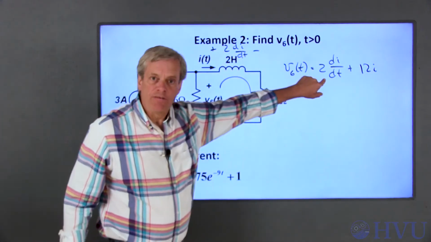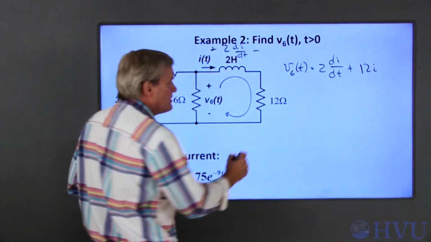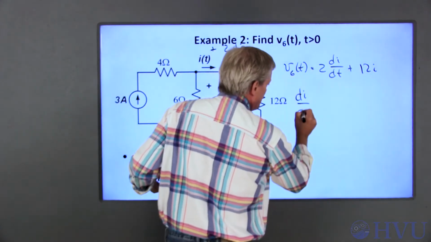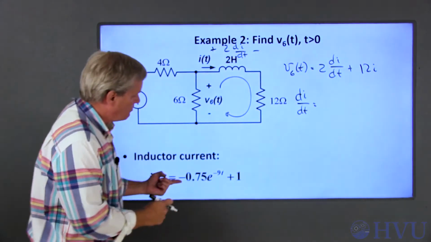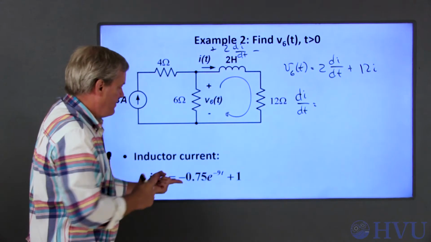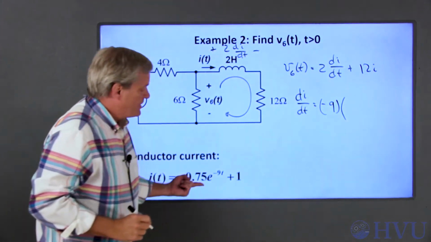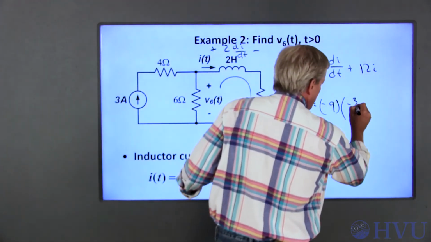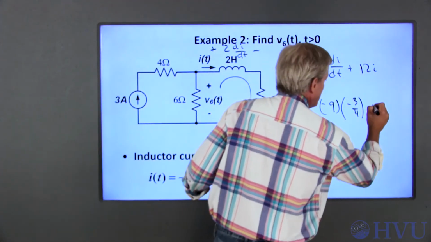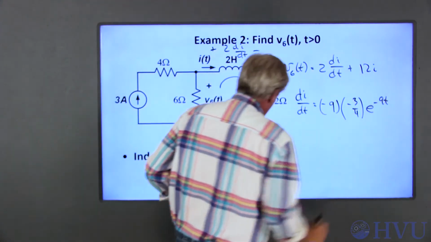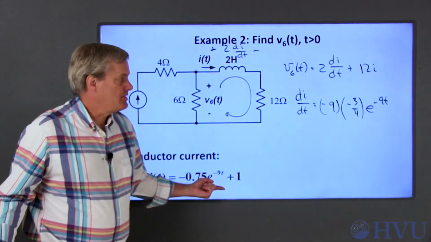I need the derivative of current with respect to time, so taking the derivative of this expression, di/dt is equal to, I multiply by negative 9, so that becomes negative 9 times negative 0.75, which is the same as negative 3 over 4, e to the minus 9t, and the derivative of 1 with respect to time is 0.